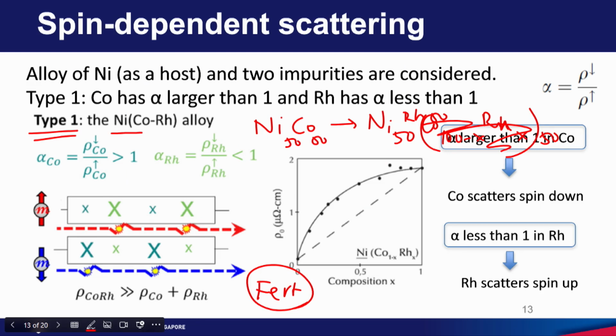In this graph, here is nickel 50, cobalt 50. When you go this side, it is nickel 50, rhodium 50, and in between you have a mixture of both cobalt and rhodium. That is the x axis of this picture, and in the y axis you have the resistance of this material.